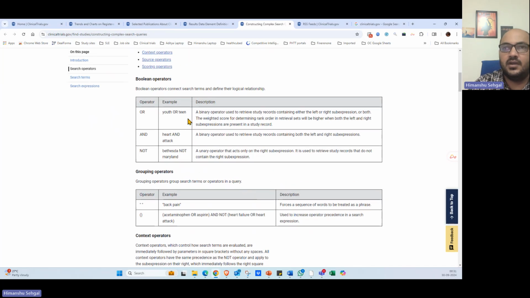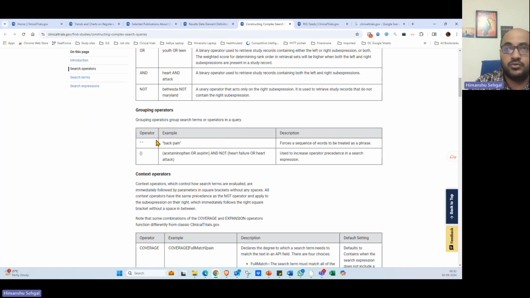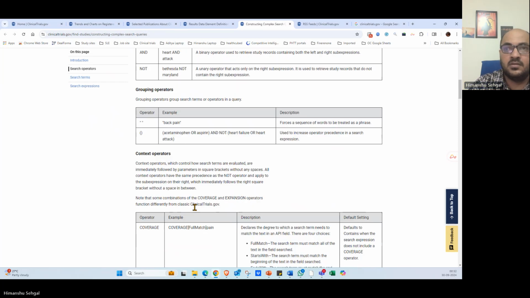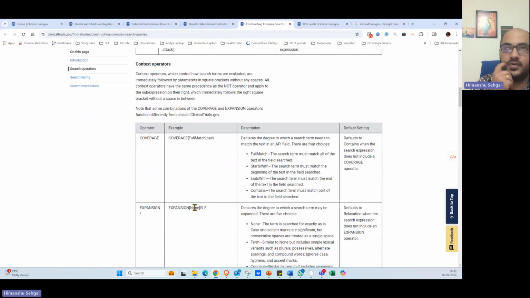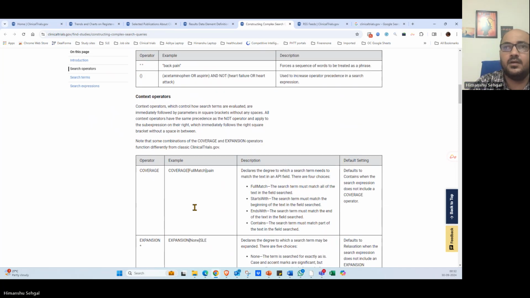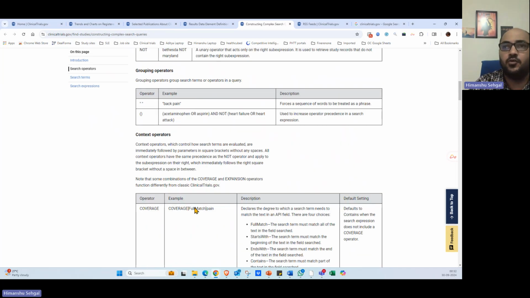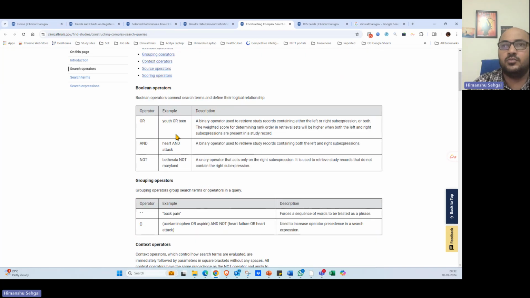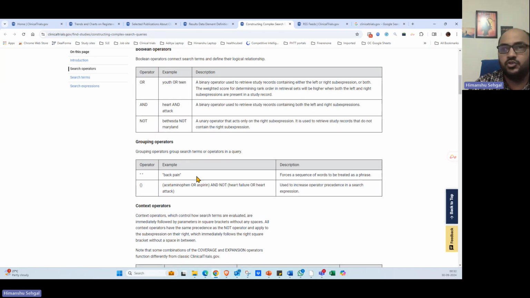Complex search queries. Again, it has shown you AND, OR, NOT, quotes, parentheses, similar operators which I've already discussed. Boolean operators, grouping operators, which I've already shown you.